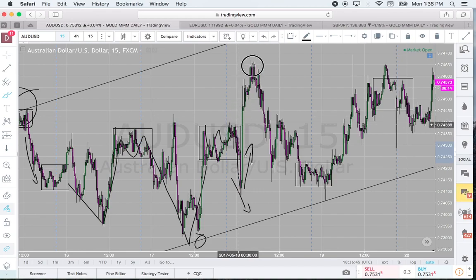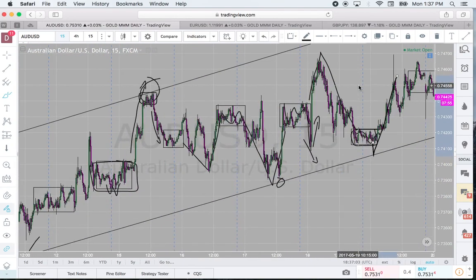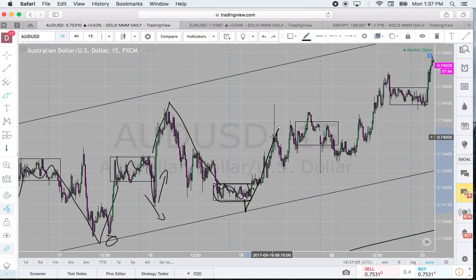Whipsaw, hit the high, come down, retrace, end the day in consolidation. Tap the low, induce the sell, hit stops, come up, fake out high, and then basically end the day in consolidation.